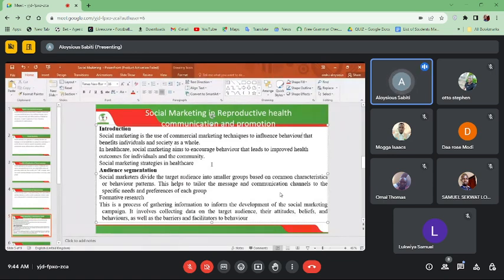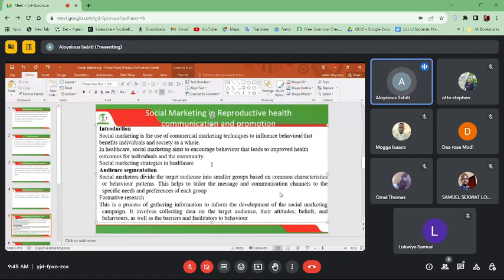So, in trying to improve reproductive health access, or access to either information or services of reproductive health, we use social marketing to make sure that the behaviors are positive among our community. And there are mainly about 4 strategies that can be used in social marketing in healthcare, and in this regard, we're looking at reproductive health.